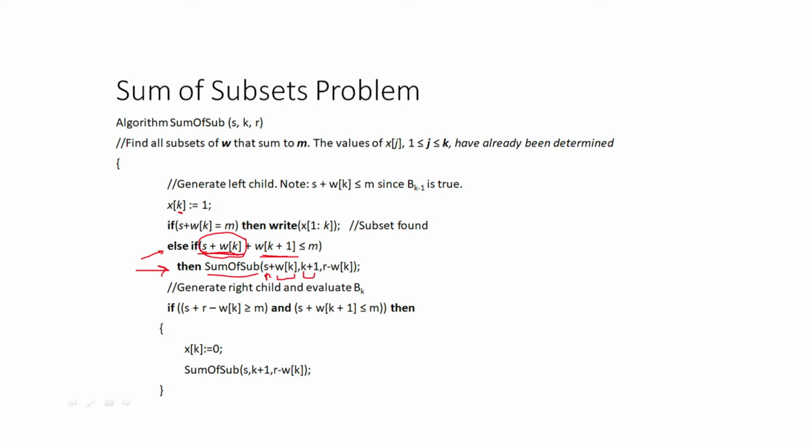K plus 1 here means we increment the level. We have taken a decision for the kth level, so now k plus 1, and the remaining weight R as the parameter would be passed as R minus the weight that we have considered. Earlier, as I said, for the first call, this R is equal to the sum of all the weights that are in our weight array.